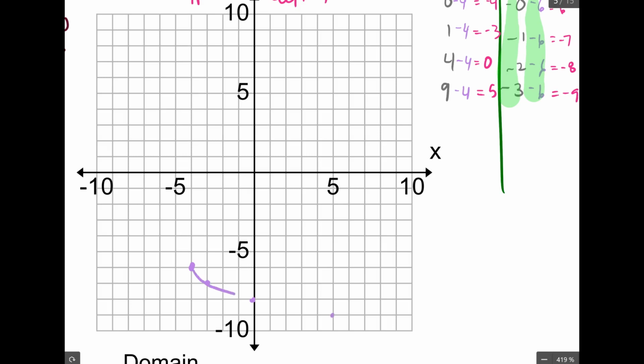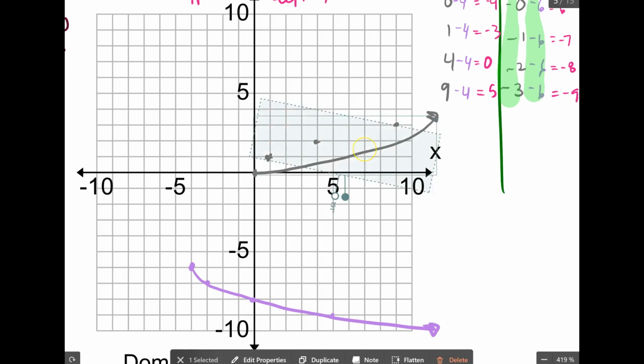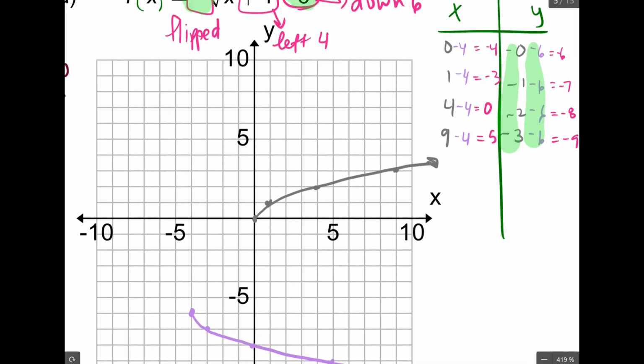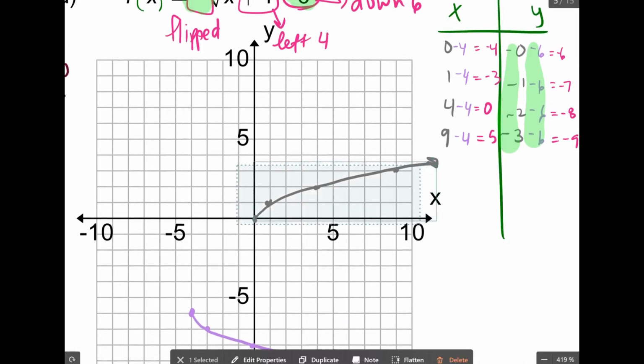So it goes like this. So not only did my parent function flip over, this is shifted to the left by 4. So I'm going to shift this 4: 1, 2, 3, 4. And then down by 6: 1, 2, 3, 4, 5, 6.